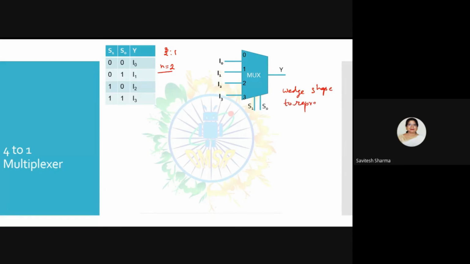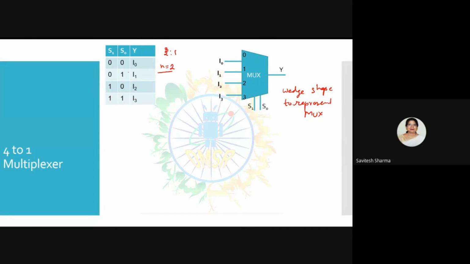So here I am drawing a mux wedge shape. Here I am showing 2 select lines, S0 and S1. S0 is my LSB, S1 is MSB. And 4 input lines I0, I1, I2, I3 and 1 output Y.